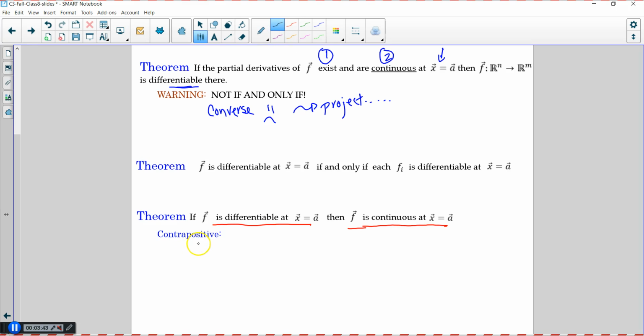The contrapositive would be that if it is not continuous, then it is not differentiable. So this is a nice theorem to use when you're checking for differentiability. If you can clearly see that it's not continuous, then it's not going to be differentiable. But it doesn't help you prove differentiability if you do need to show that. So just keep that in mind.